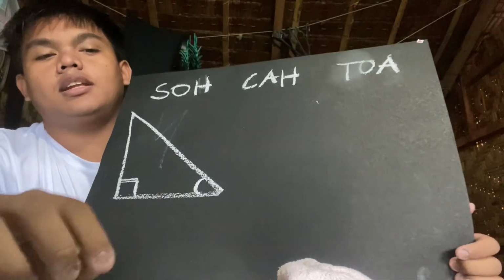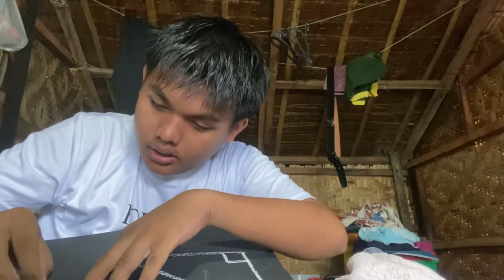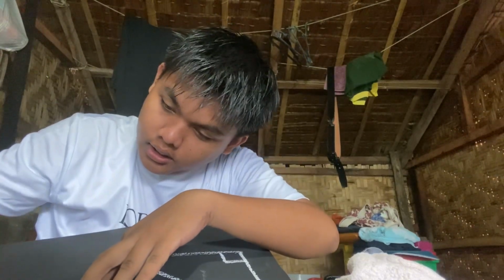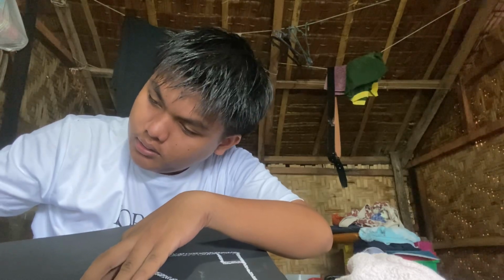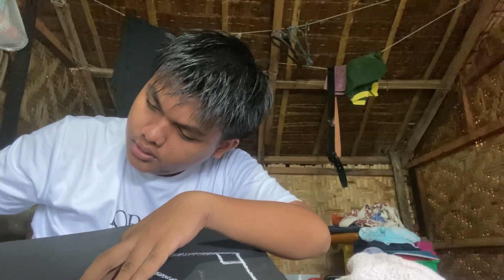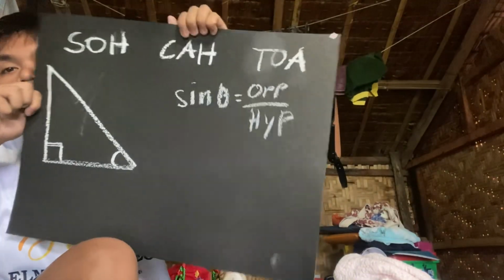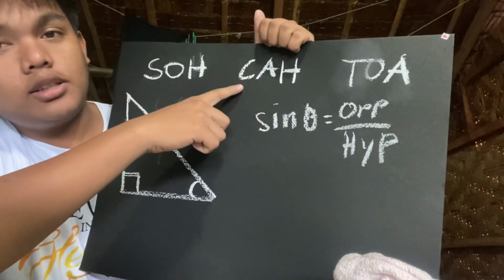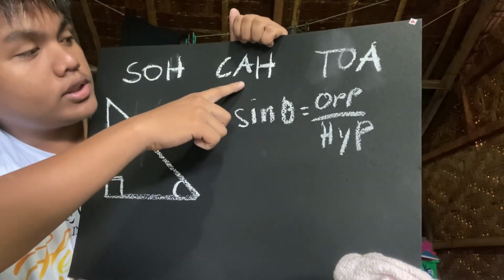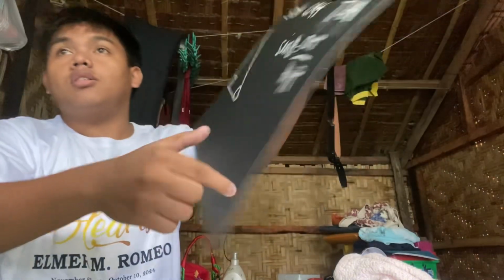Or let's try this way. Sine theta equals opposite over hypotenuse. And CAH is cosine theta equals adjacent over hypotenuse.